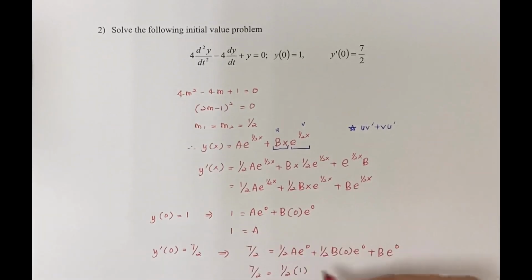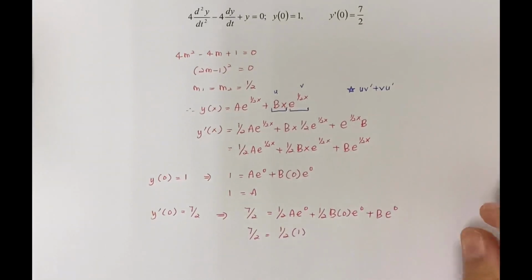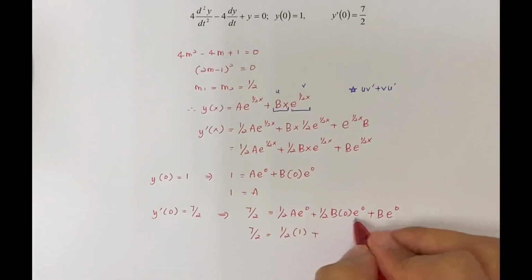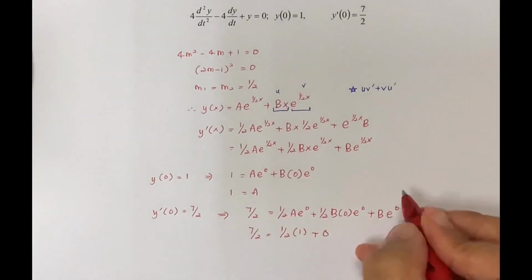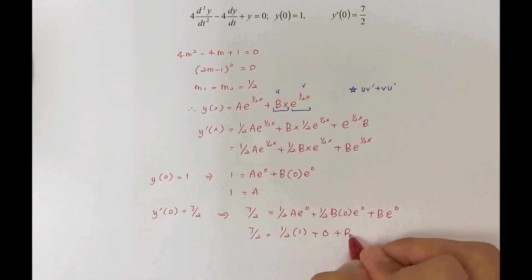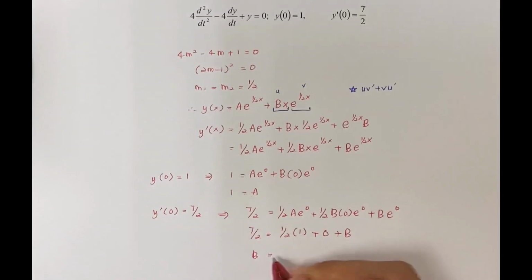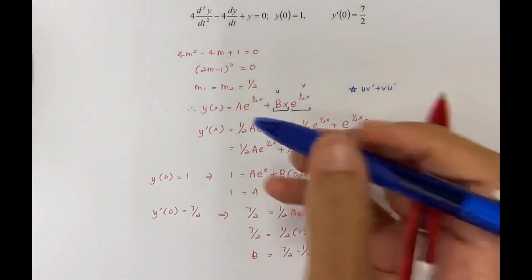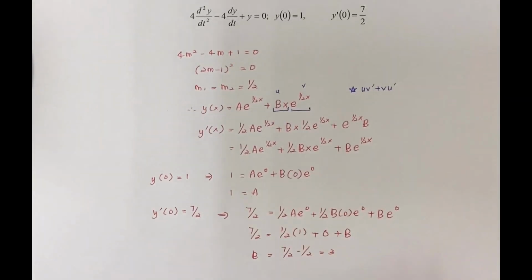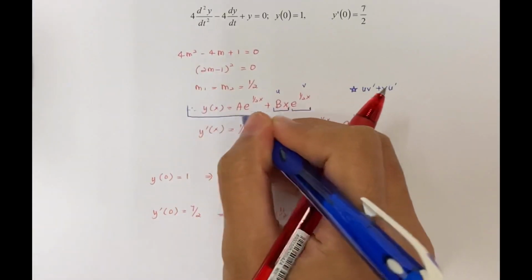Substitute the value for a, which is 1, plus this is 0, plus b e^0 is b. So you have b equal to 7 over 2 minus 1 over 2, and this is equal to 3. Now you have your a and b. Substitute your constants a and b into y(x).